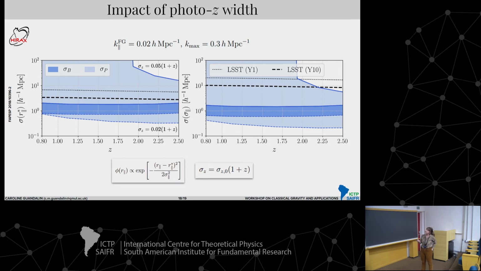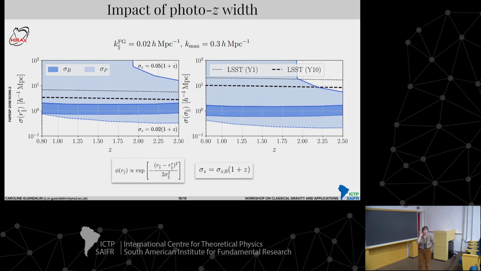So as you can see, as we go along in redshift, for the bispectrum it is a very well-behaved curve, and it is completely under the Y10 requirements that you have for these two parameters of your redshift distribution for the LSST survey. While for the power spectrum, depending on the errors that you have on the photometric redshift, your constraints are completely lost.